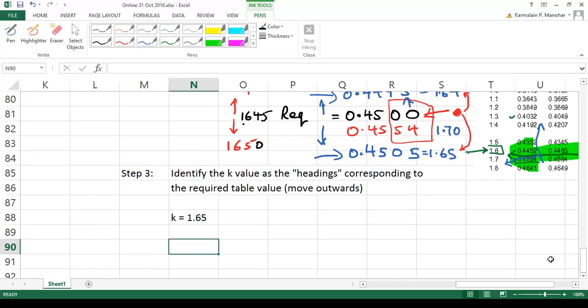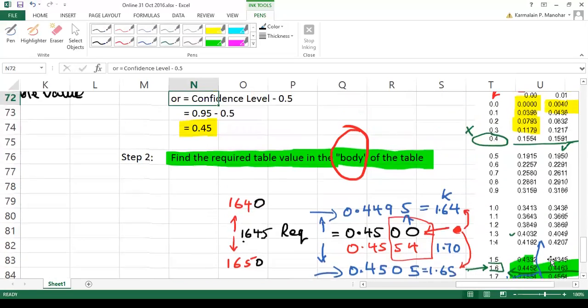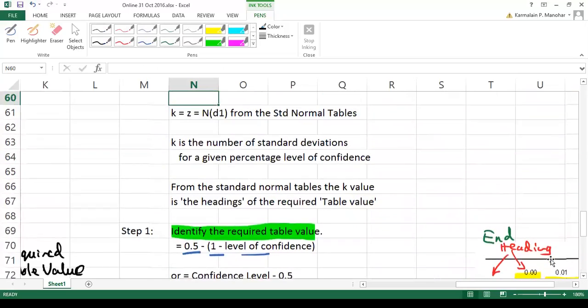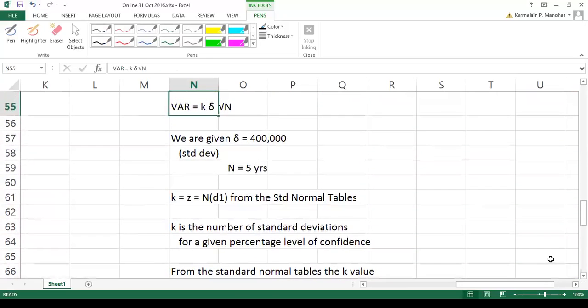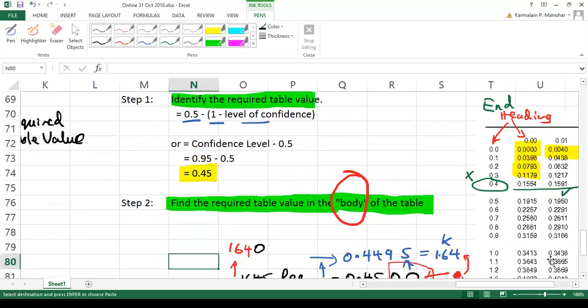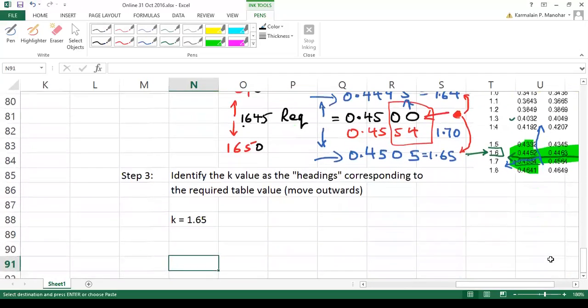So now that we've chosen 1.65, we now have the three values to compute VAR, which we'll remind ourselves again. Copy that from up above. Here we go. Right. So those three things, we now have the three bits.